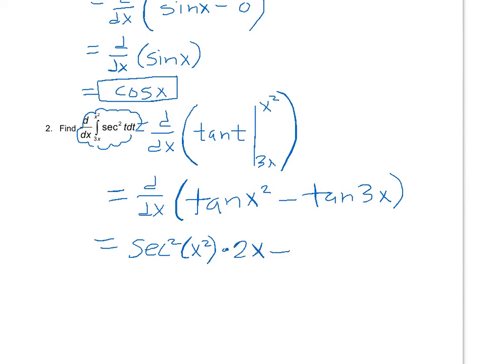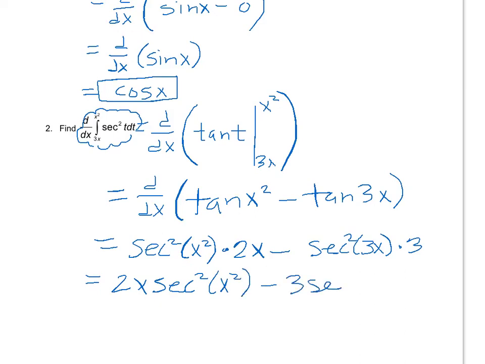Here we've got minus the derivative of tangent of 3x, which is secant squared of 3x, and then times the derivative of 3x, which is 3. Clean it up just a little bit, and we'll have 2x secant squared of x squared minus 3 secant squared of 3x. And that's our final answer.